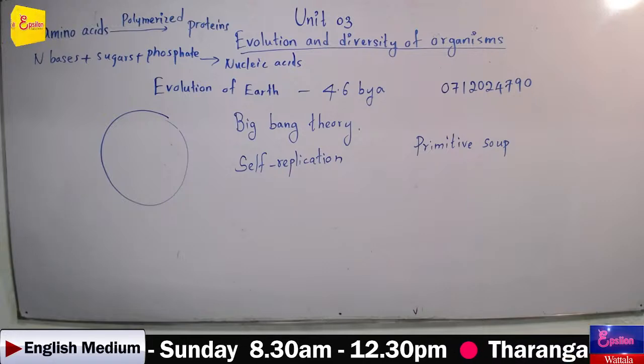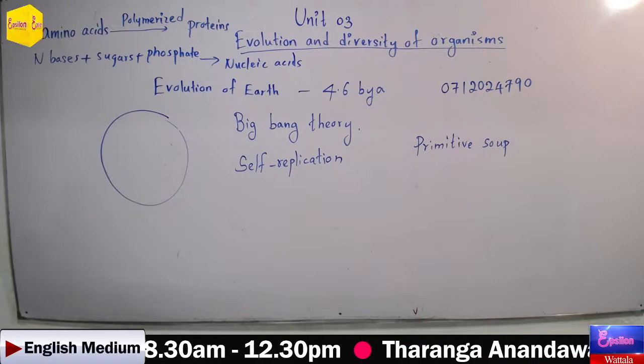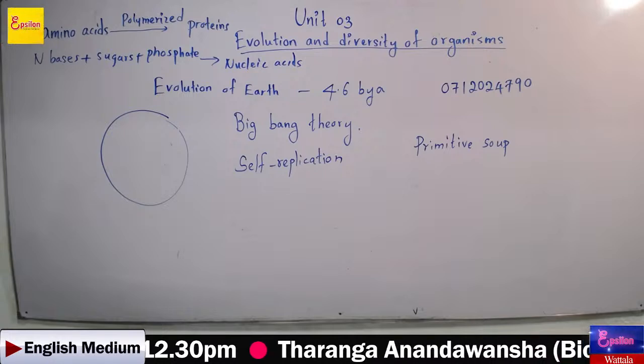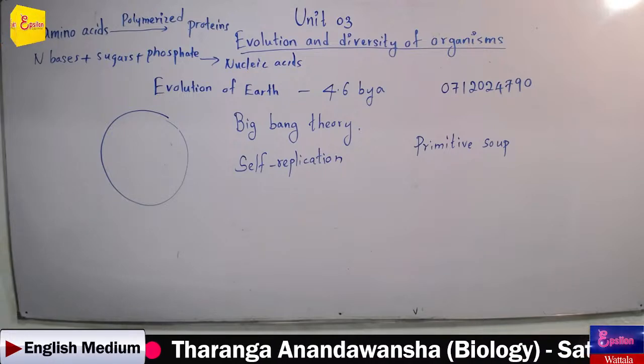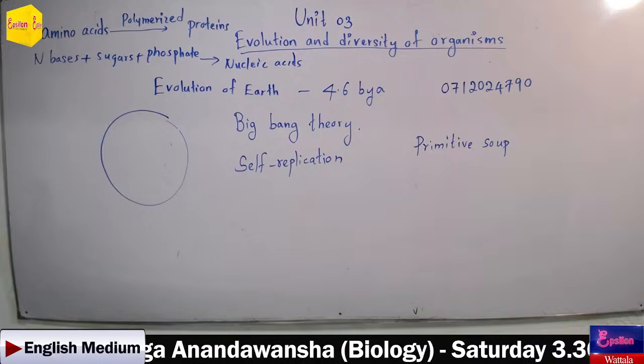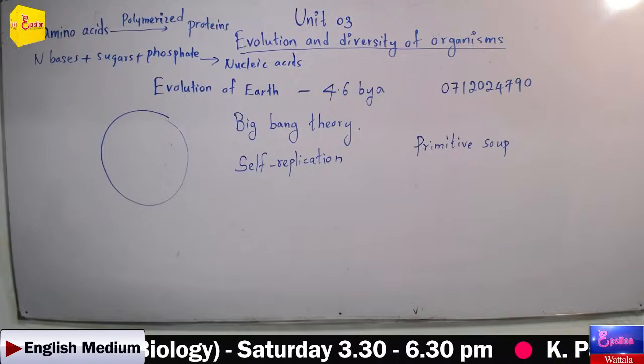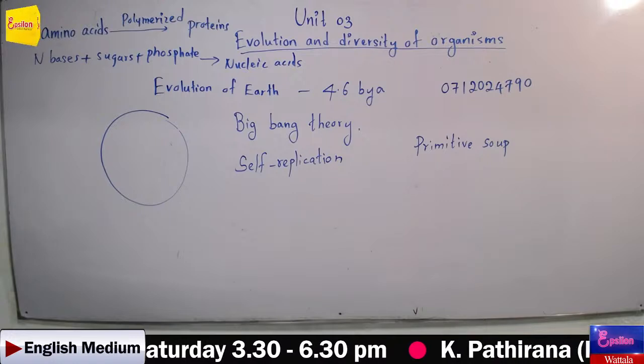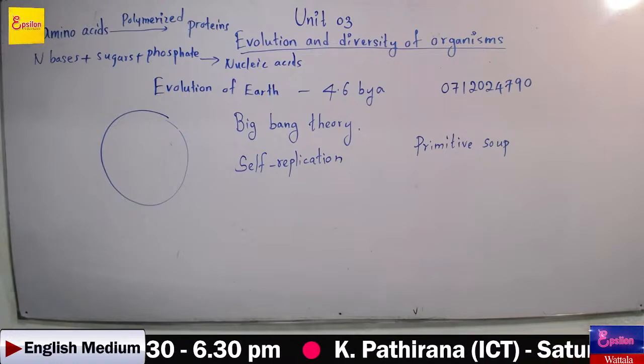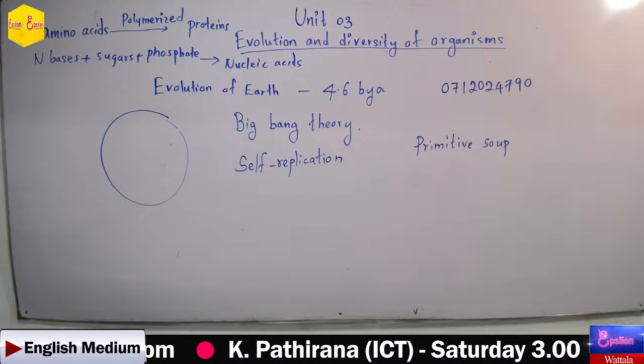Go to the first tute, evolution and diversity of organisms, this tute. And go to the first two questions. The first question is asking how long before Earth evolved. What is the answer? About 4.6 billion years ago. I'm telling you the answer is wrong.